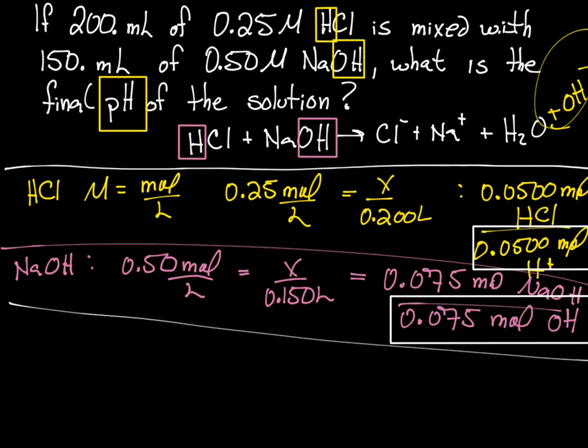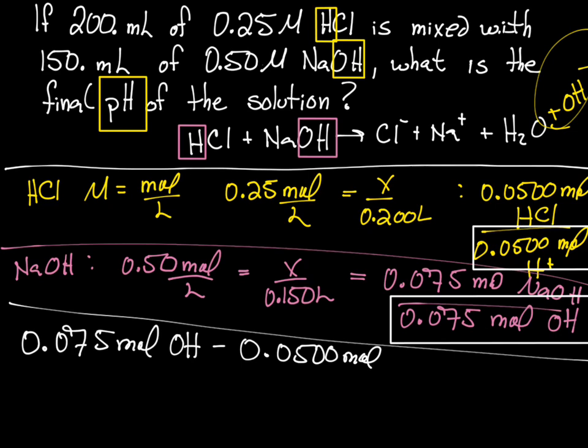So to figure out how much we have left over, we can say that we have 0.075 mole of OH, and that's going to react with 0.0500 mole H plus, which means we're going to have 0.025 mole of OH left over, right?